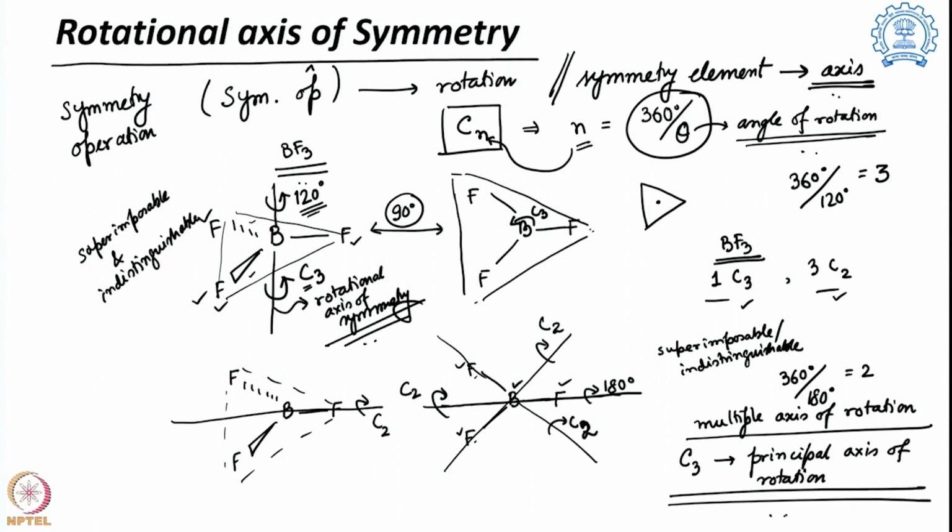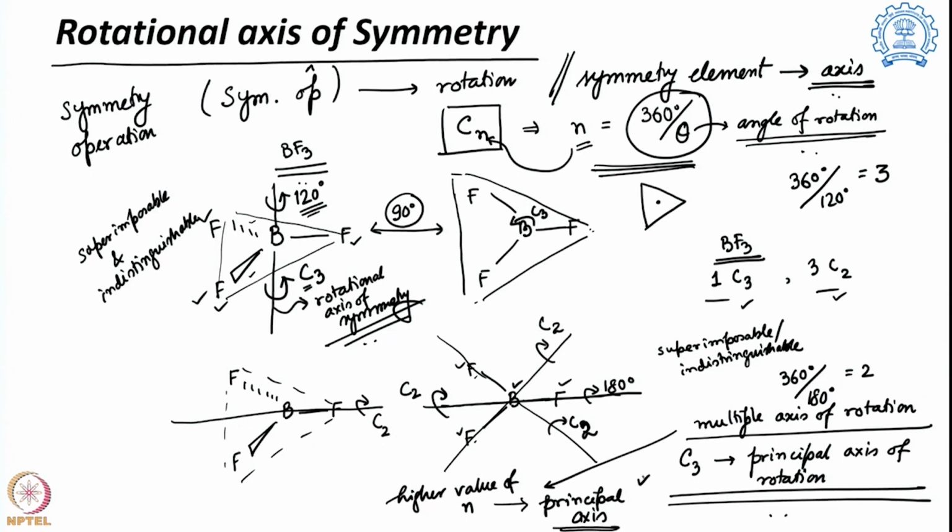So remember, if you have multiple axes of rotation, the one with the higher value of n, that means you are doing the least movement, is going to be the principal axis. And this principal axis determination is very important because certain other symmetry elements depend on it.